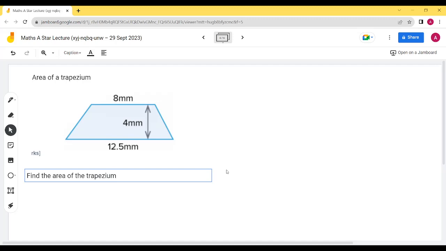But a trapezium is a shape where the top and bottom are parallel, with two different lines joining them up.